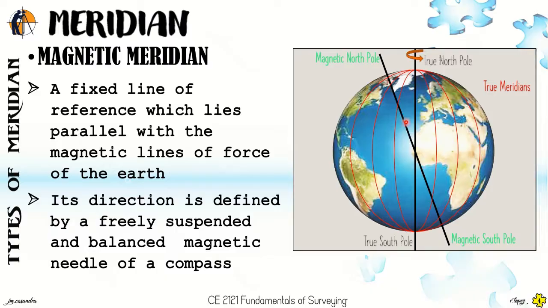Its direction will be defined by our compass, so it would vary depending on the magnetic force of Earth. Any line that would pass through your magnetic north and magnetic south pole will be your magnetic meridian.